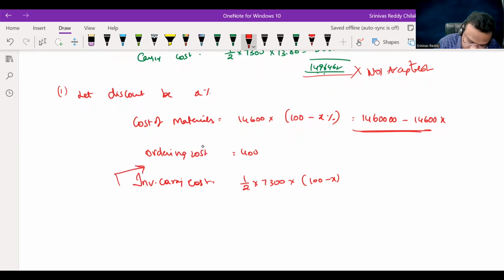Storage cost is 1% on 100 minus X, into 12 months, because this 1% is for 1 month, plus 2 rupees, which is equal to 14 minus 0.12X.